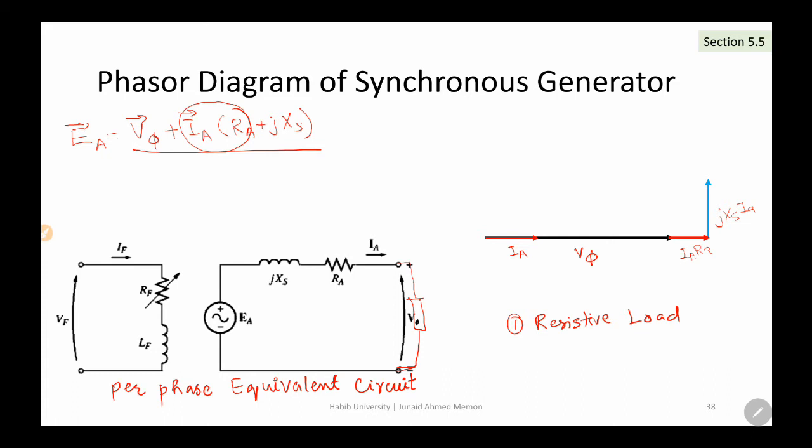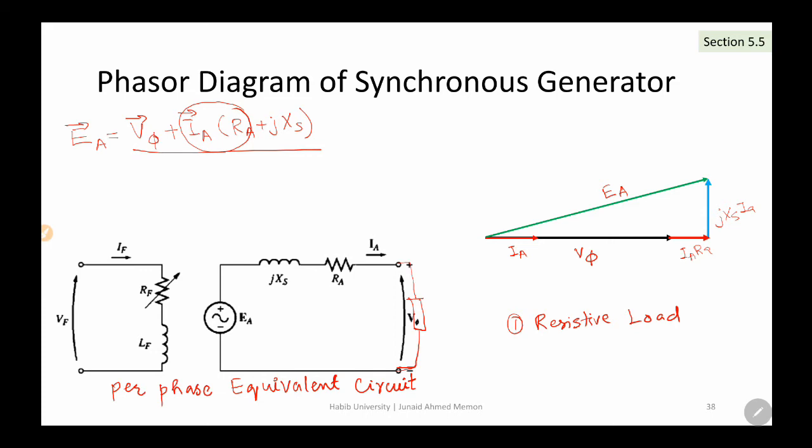Now we can add all these vectors by the head to tail rule, and you get the final vector, which is EA. This is what we call the phasor diagram for the resistive load, and we can see how all these vectors stand with respect to each other.